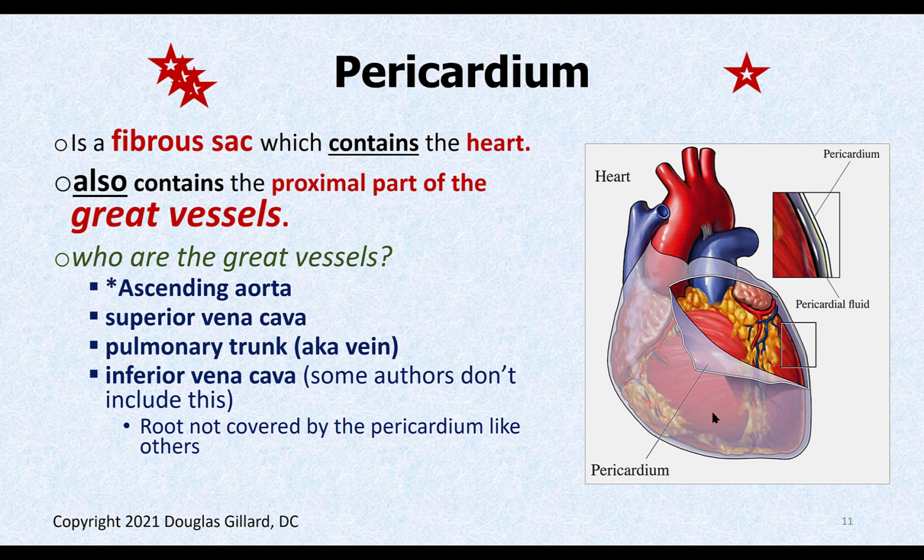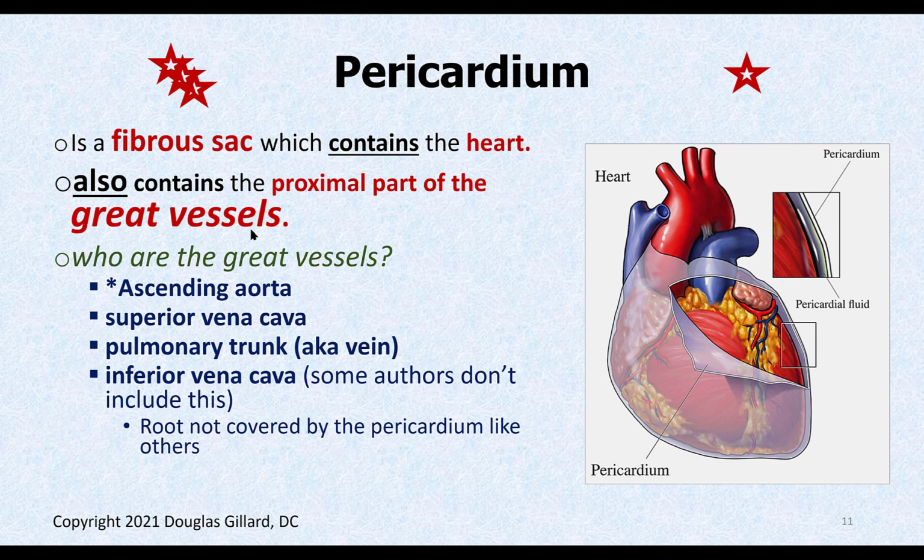But there's 2 main layers of tissue, and then there's a space in between here that's important. So the sac contains the heart. It also contains, importantly, the proximal part of these great vessels. See, this is welded right here. So if we pour fluid in here, or fluid accumulates in here, it can't get out here. It doesn't leak out. This is welded shut.